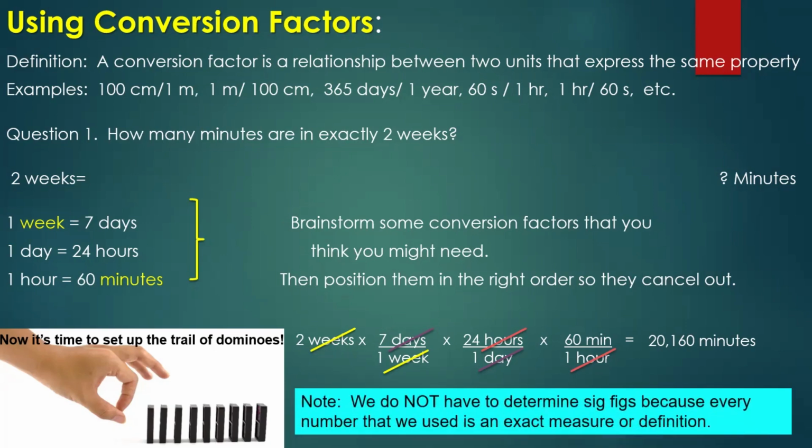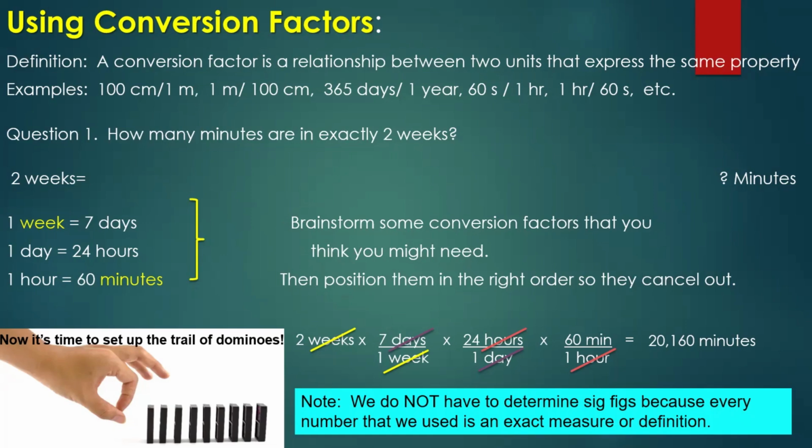All right. Now, normally, in a lot of problems, we have to figure out how many significant figures we have. But in this particular problem, they ask how many minutes are in exactly 2 weeks. So 2 weeks is a definable amount of time.